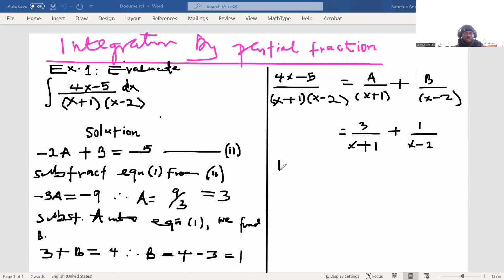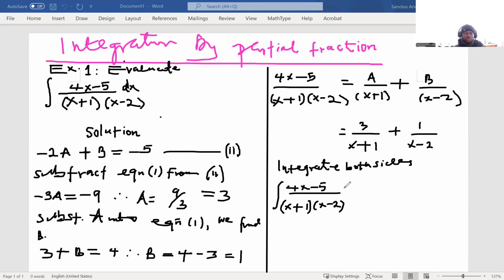So we introduce our integral. Integrate both sides of the equation. So we have that the integral of 4x minus 5 over x plus 1 and x minus 2 dx.